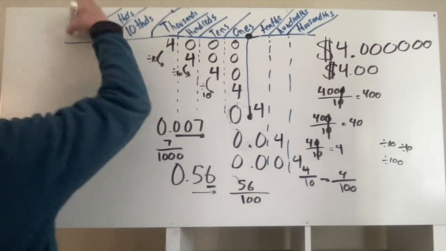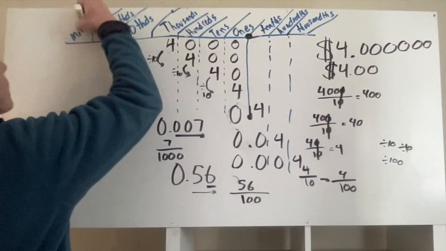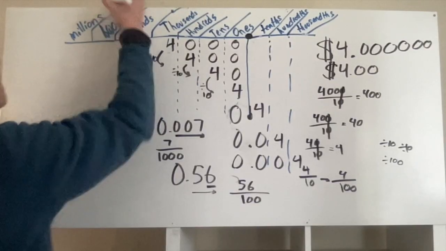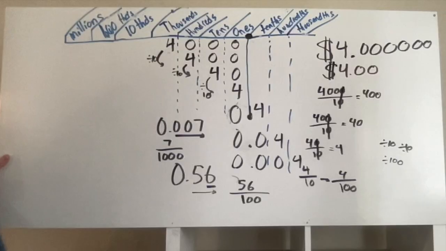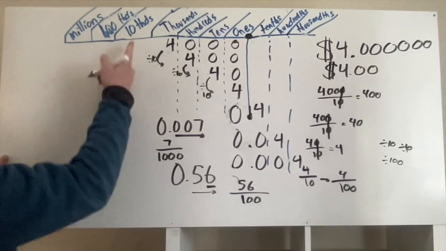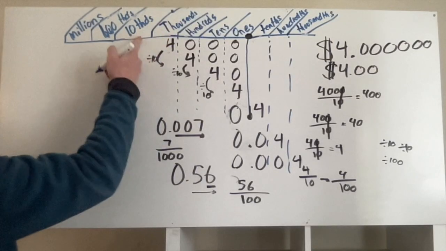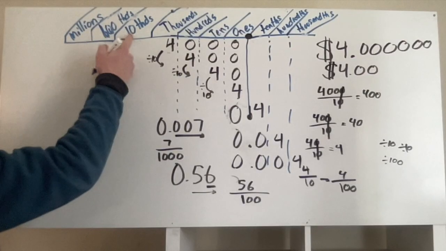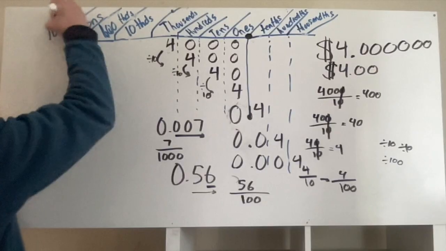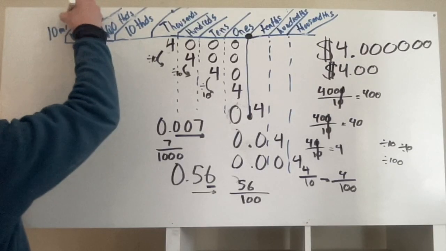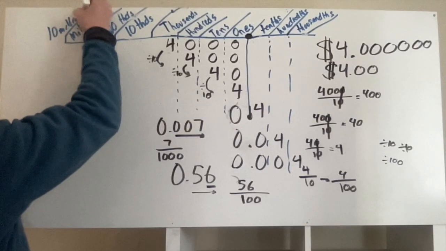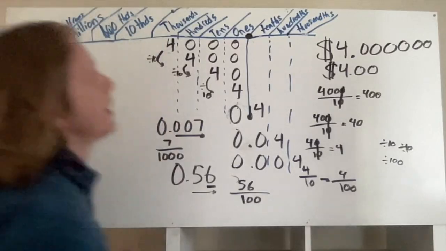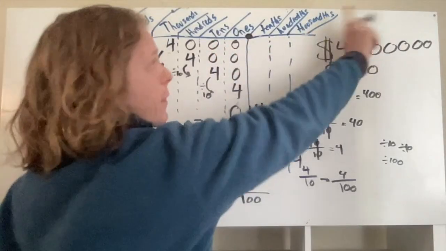After this, we would have millions. And what do you think we would have after that? Well, thousands, 10,000s, 100,000s, millions. Now we go to 10 millions. Okay, and this would just go on and on and on. Billions, trillions.